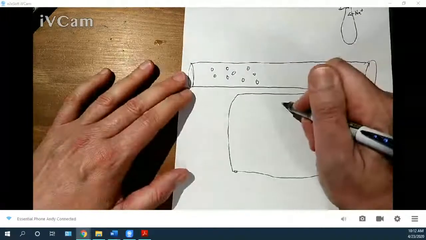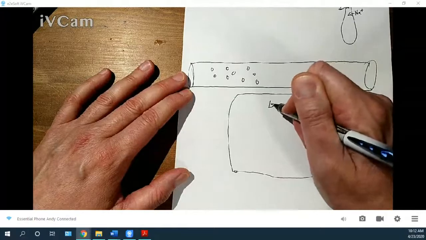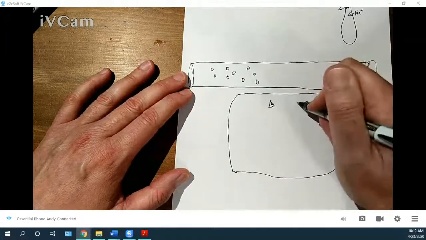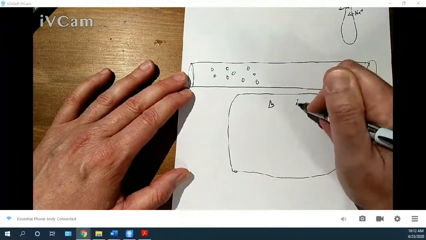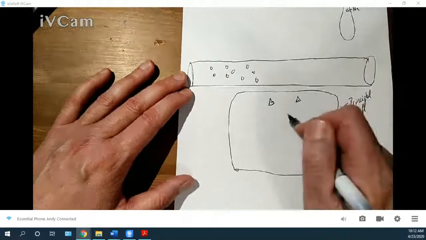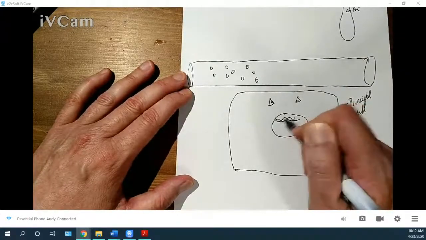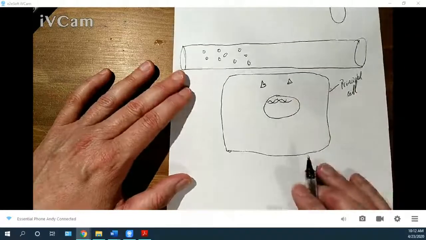So the principal cell has inside of it these little triangles like that, and these are aldosterone receptors. And like all good cells, we have a nucleus with some DNA.